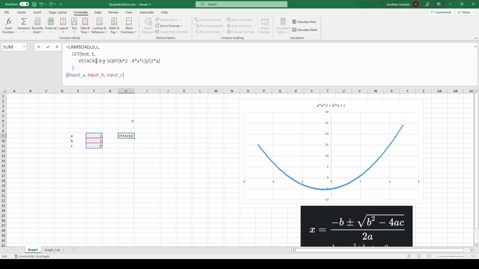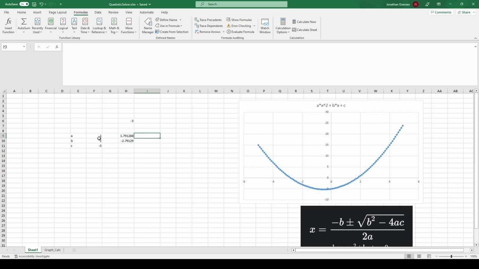And I want to include this original solution, and the next element that I want to have, and I'll just pull a little copy and paste, is the same thing, but with the minus sign. So now we're taking both the upper value root and the lower value root. When I hit enter, now this function outputs 2 values. Again, you can see that it's an array output by the blue line surrounding it. And that works pretty great.